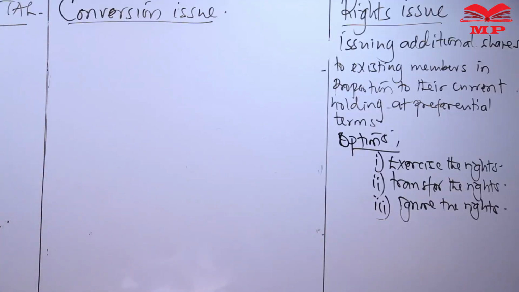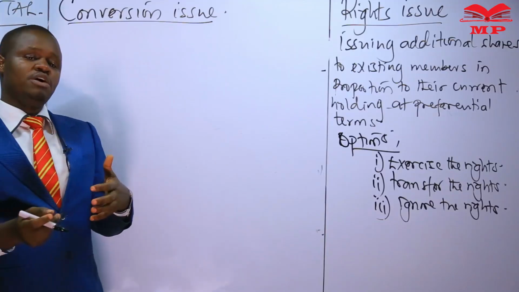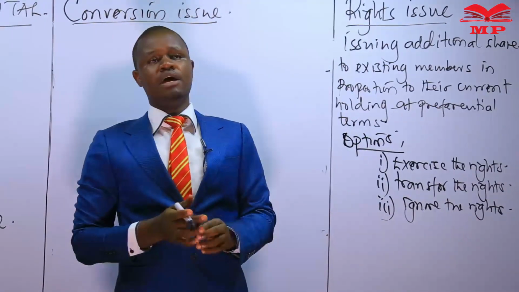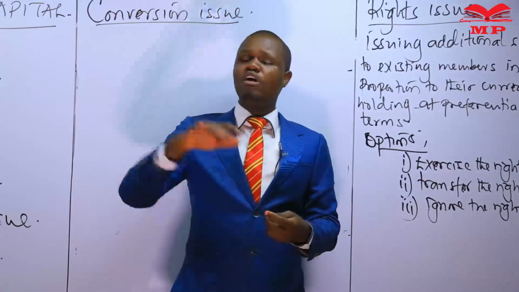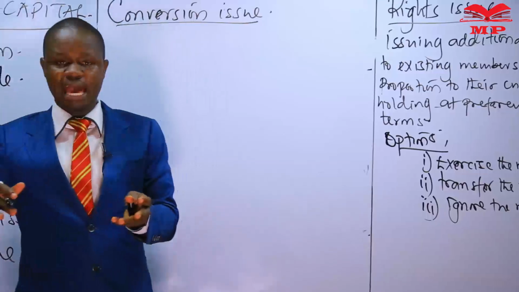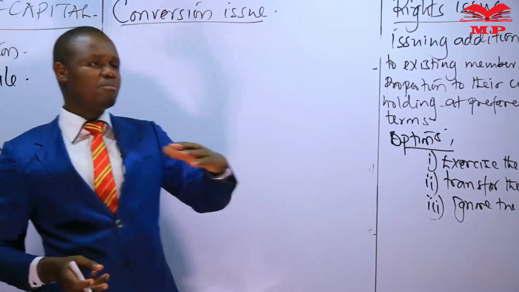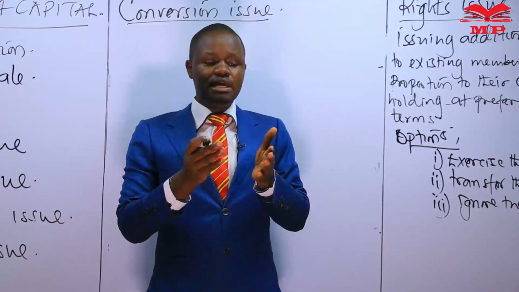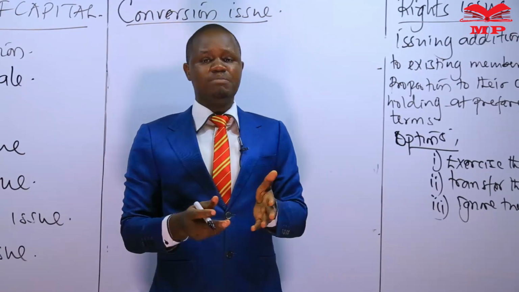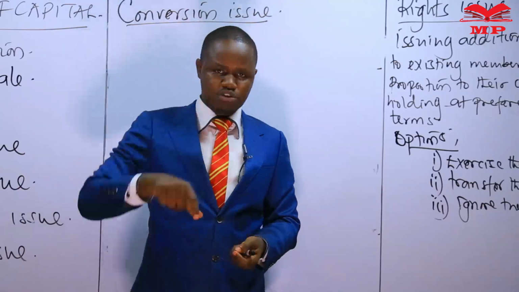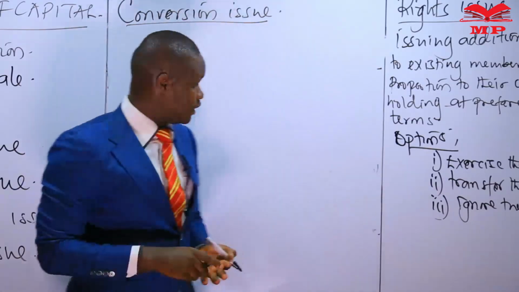The conversion issue results out of securities, usually of debt nature, that have the right to be converted into equity. That we have issued debt securities maybe in the form of debentures, and we create rights on these securities, that they are convertible at the option of the holder into equity.